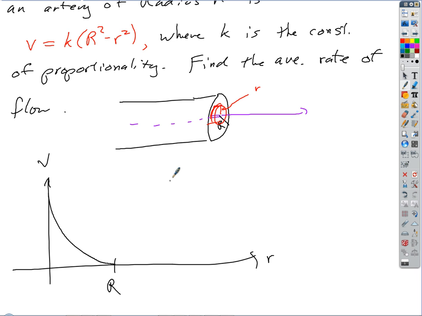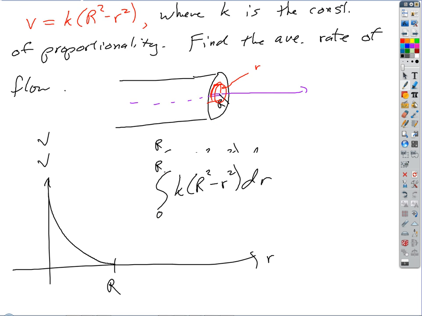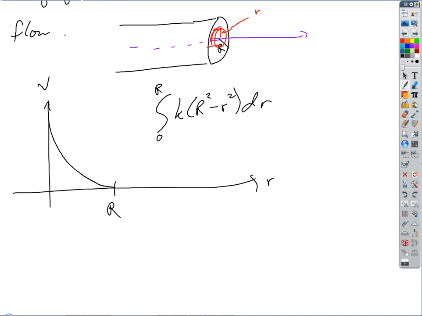So what's the area under the curve then? Well, we're going to calculate the integral of k times (capital R squared minus little r squared) dr from 0 to R, right? Capital R is a constant and little r is the variable.